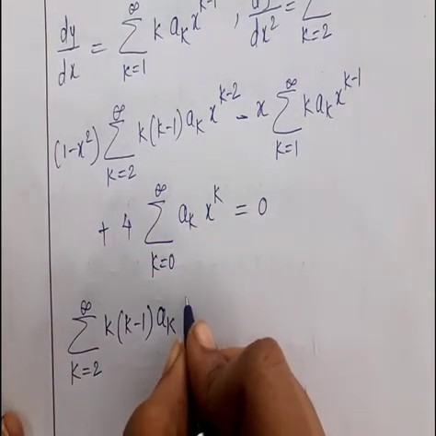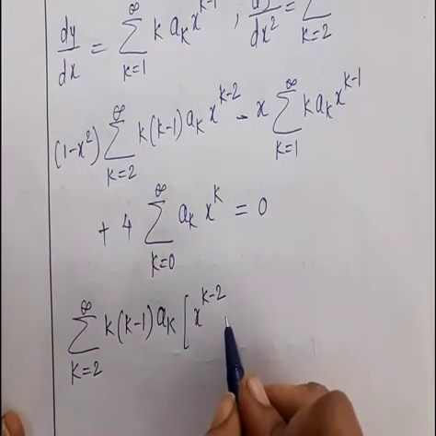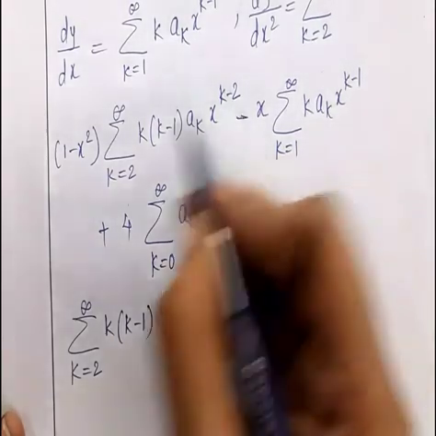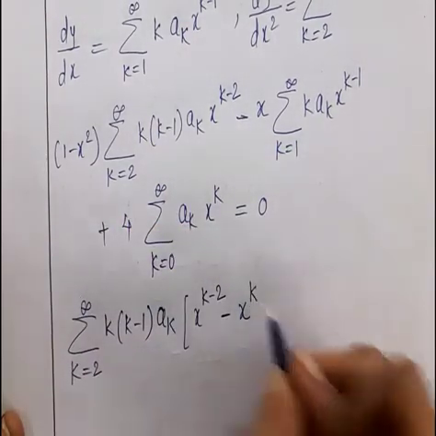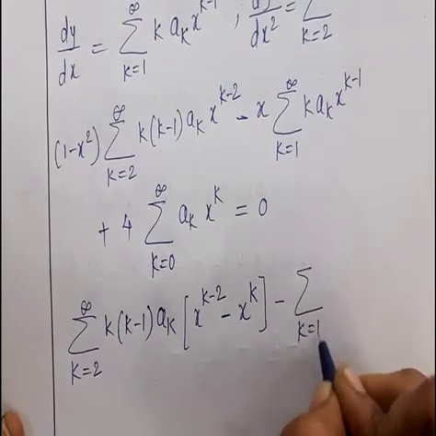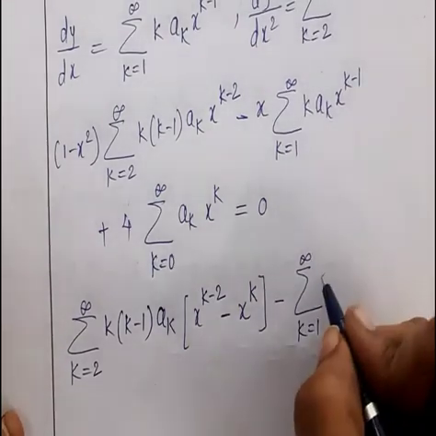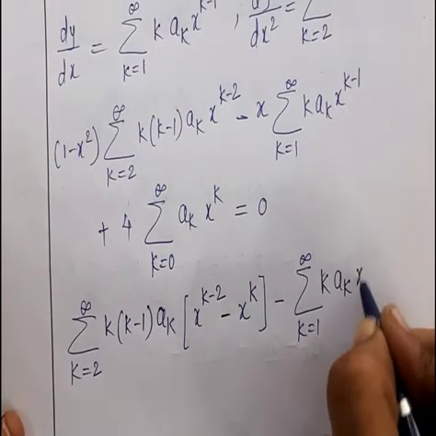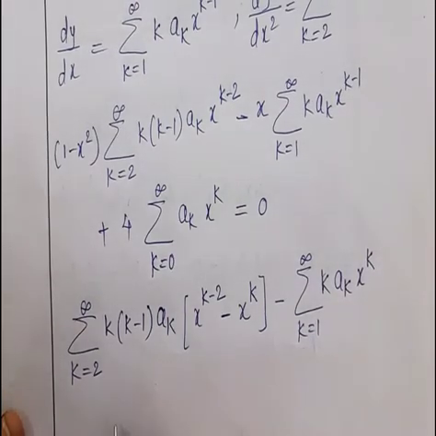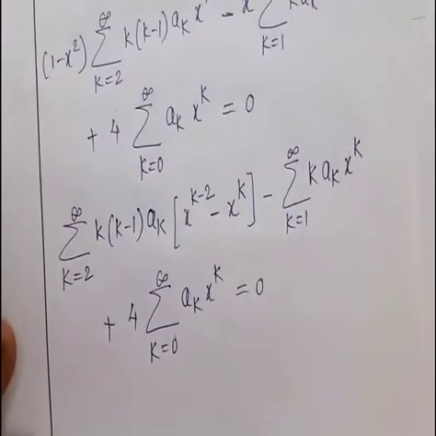So this is x to the power k minus 2 multiplied by 1 minus x to the power k minus 2 into x square, which is x to the power k, minus summation k is equal to 1 to infinity k x multiplied by x to the power k minus 1, so k into ak as it is x to the power k, plus 4 summation k is equal to 0 to infinity ak x to the power k, and it is equal to 0.